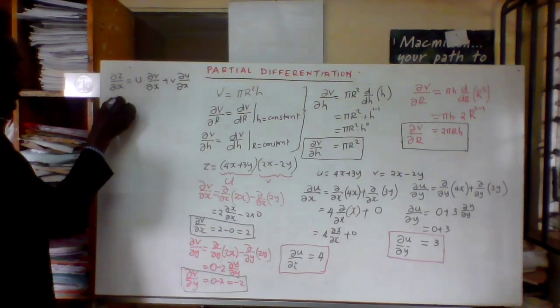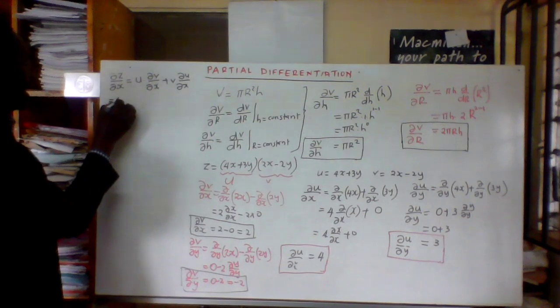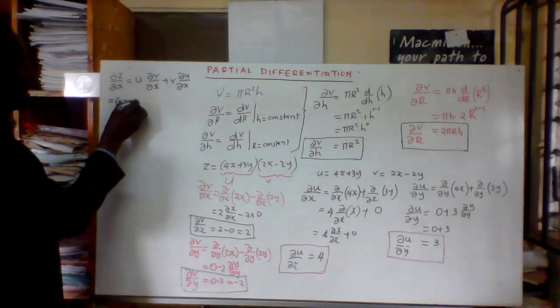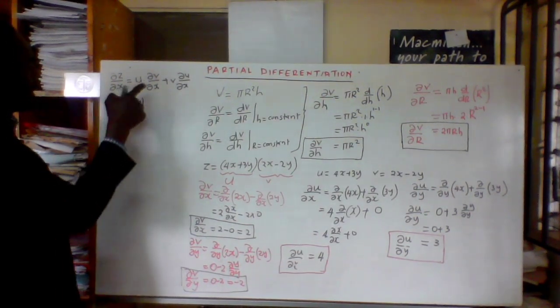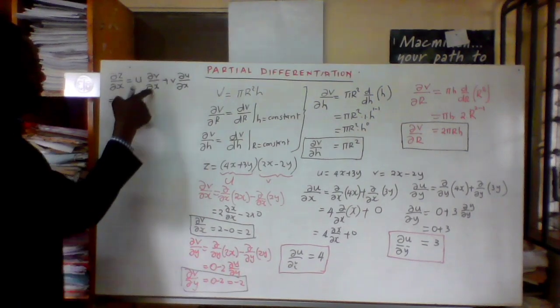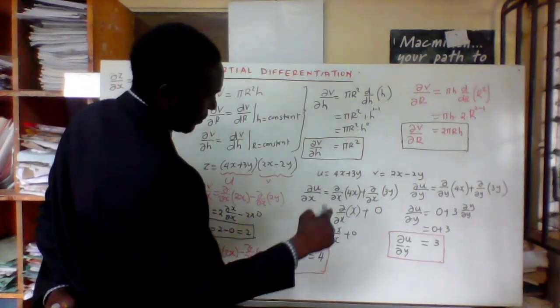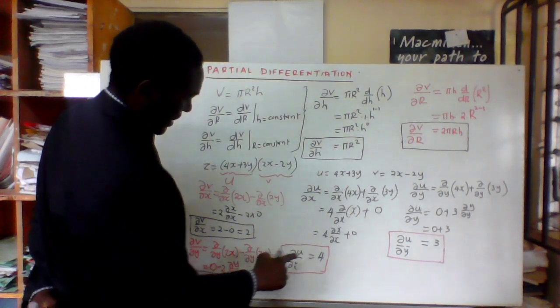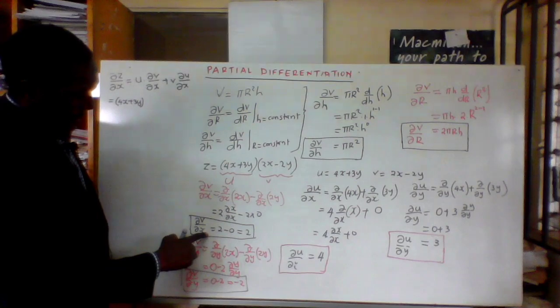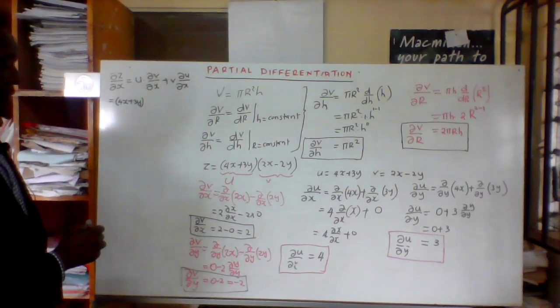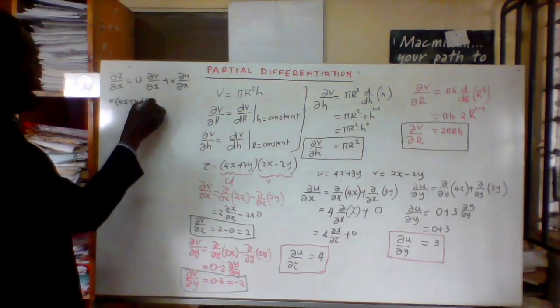Our u, the first term here, is 4x plus 3y. Then partial derivative of v with respect to x, where is it? It is this one here, which is positive 2. So we multiply here by positive 2.